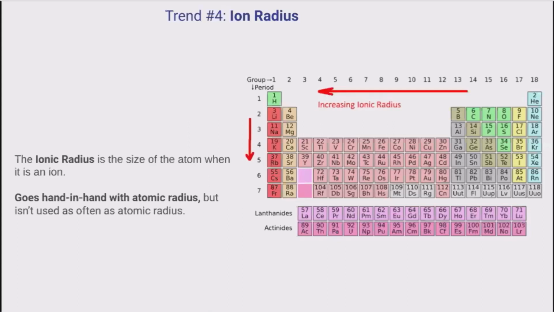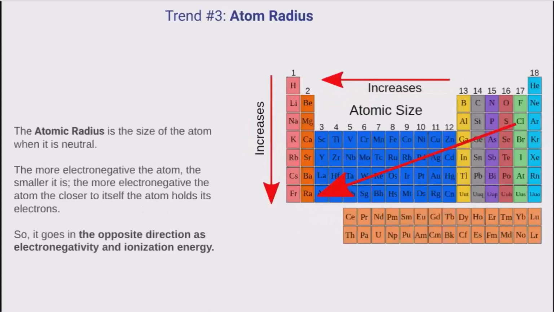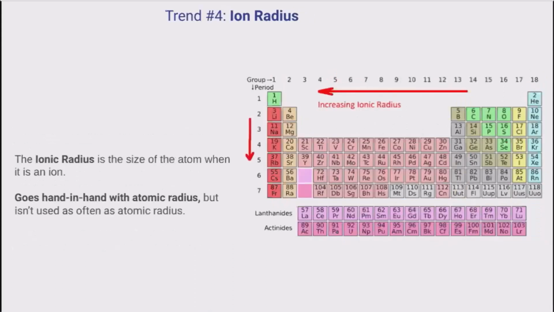Ionic radius isn't used as often as atomic radius. Atomic radius is honestly the real one you need to focus on. Ionic radius will most of the time be given to you in a chart or a table that shows you a periodic table with the numbers. Just know that ionic radius is there. It is an important trend, and it goes in the same direction as atomic radius.